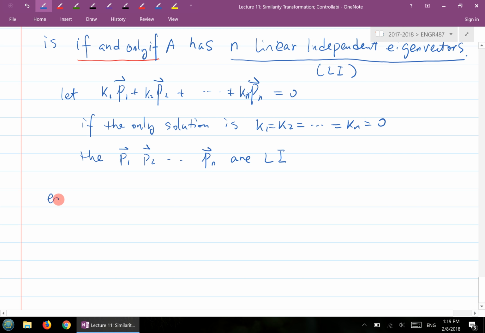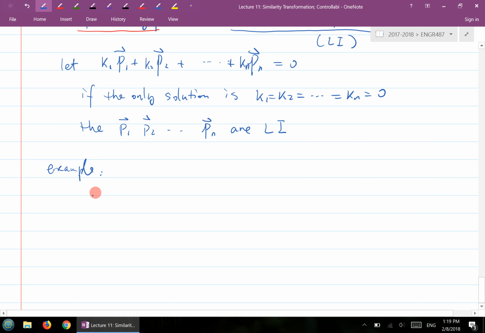So let's take a look at this case study, this example with this condition, and how we can diagonalize the A here. Let's start with the A matrix.